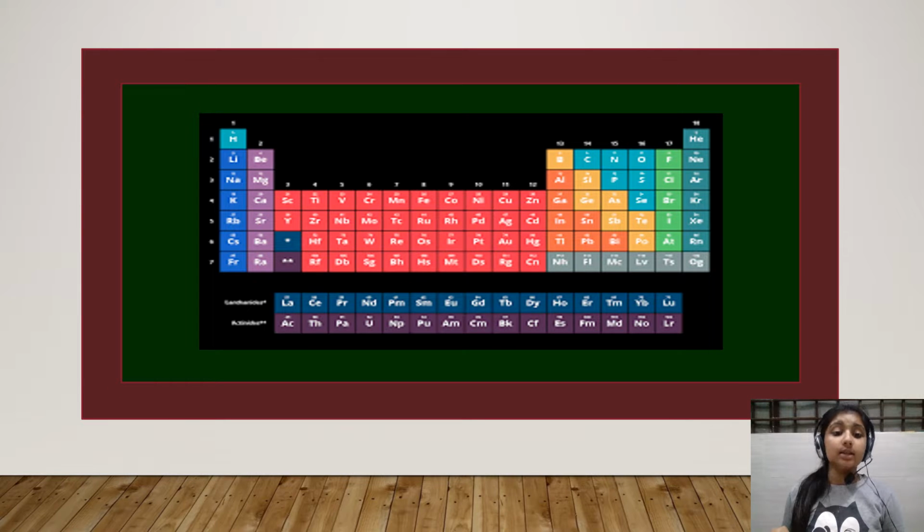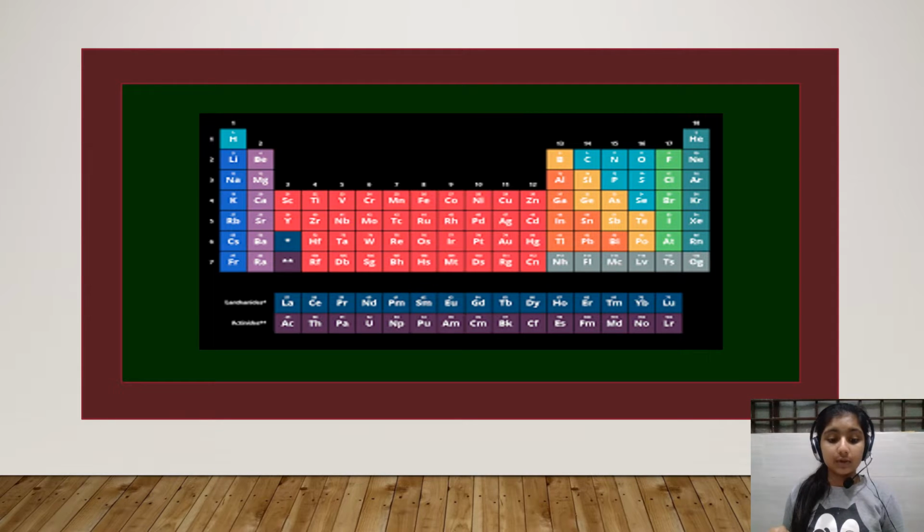You can see that in the periodic table the elements are arranged according to their atomic number. Hydrogen's atomic number is 1, so it is placed over here, and second is helium, so it is placed over there. Similarly there are 3, 4, 5, 6, 7, 8, 9, 10 and so on, but here the series of the atomic number breaks at this point.